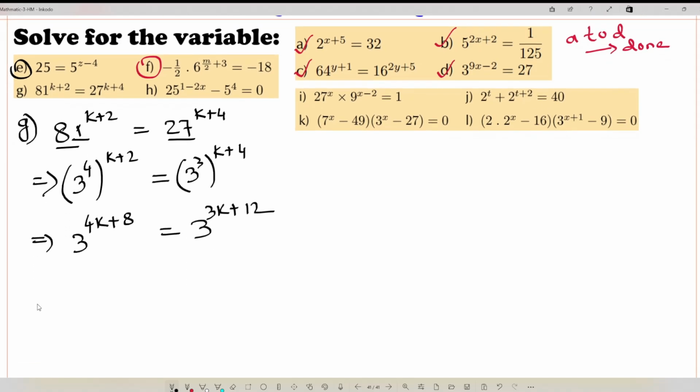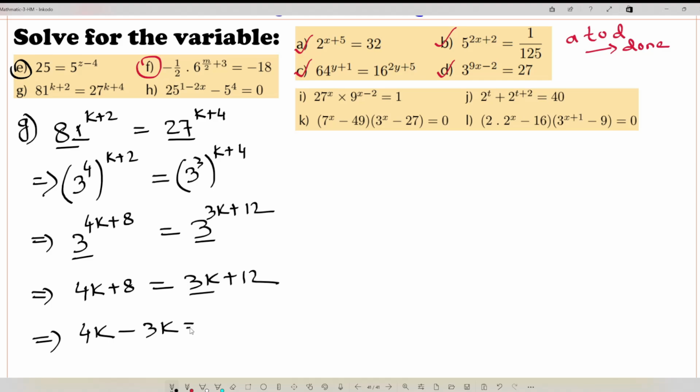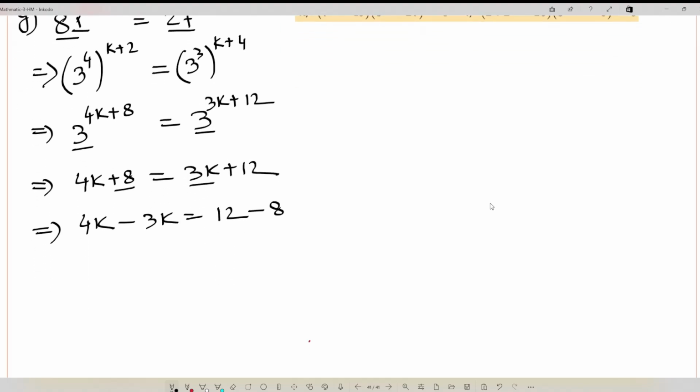Now we can write, here bases are same, so powers will be equal, 4k plus 8 equals 3k plus 12. Now look, this 3k will become minus 3k, and here 12 plus 8 will become minus 8, right?